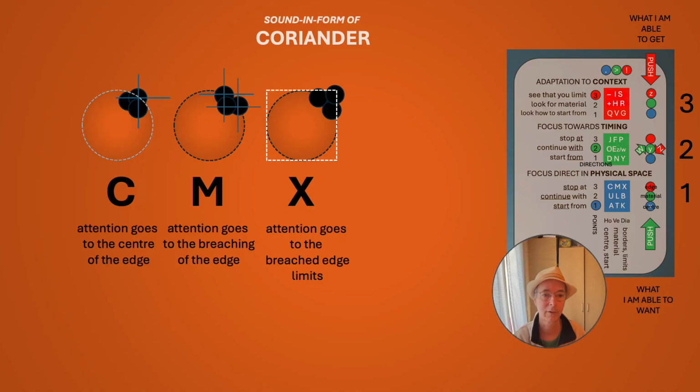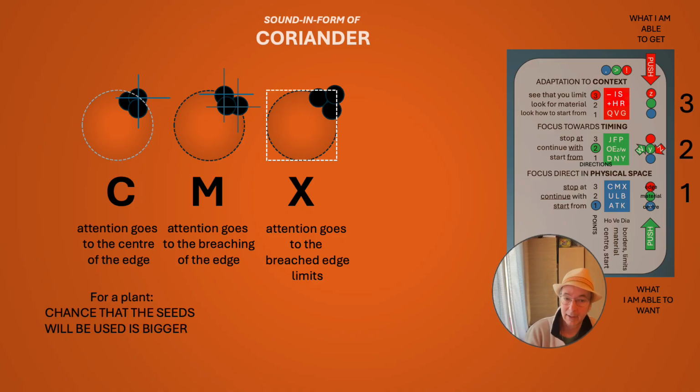Focus comes first. For the plant, if you would like to associate this first letter with the plant, this C, looking at the borders and then with these points, gives me the impression that this could be a very good place where I would be able to use the seeds. It almost looks like seeds.